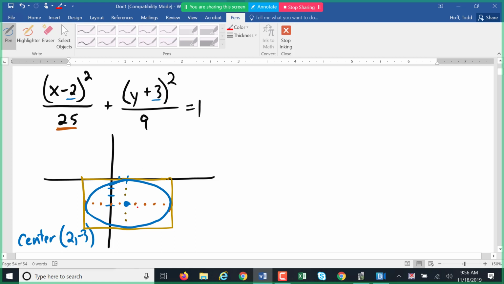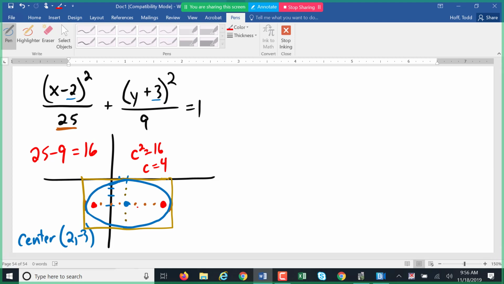So whichever one's larger, 25, minus whichever one's smaller, 9, is 16. So c squared equals 16, giving us that c is 4. So we have our foci, 4 units from the center in either direction along whichever axis is the longest. In this case, that is the horizontal axis.